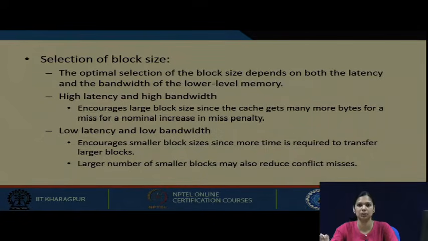In such a situation, if you have a large number of smaller blocks, you will have more opportunity of mapping different blocks to different blocks. That becomes easy, so the conflict misses can even reduce.